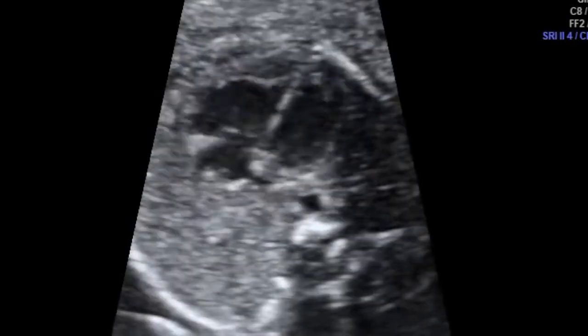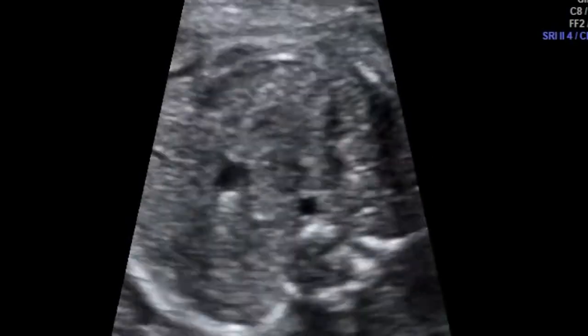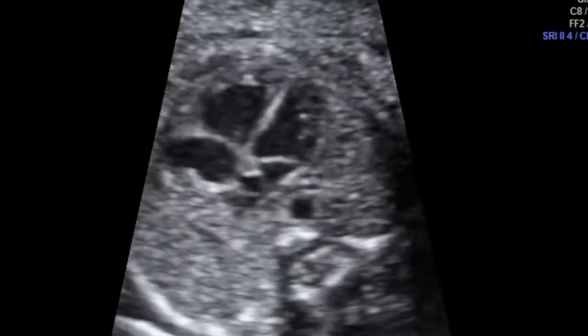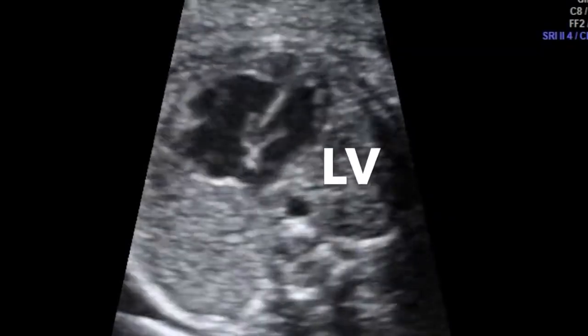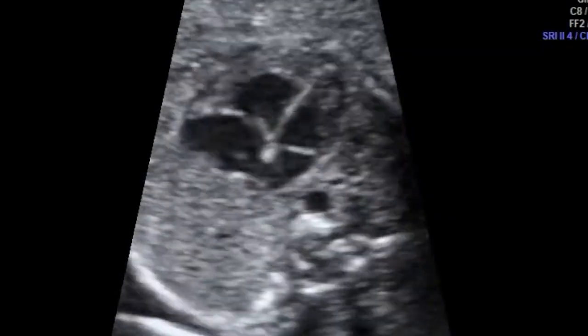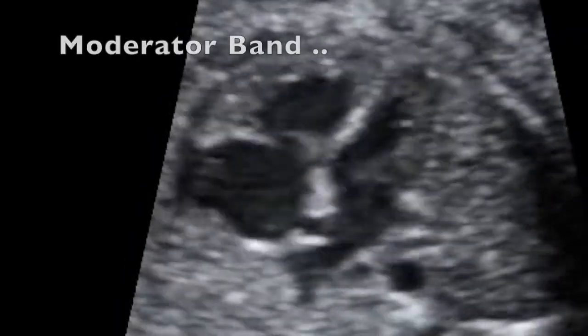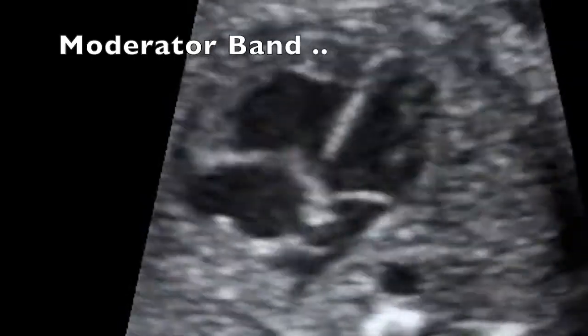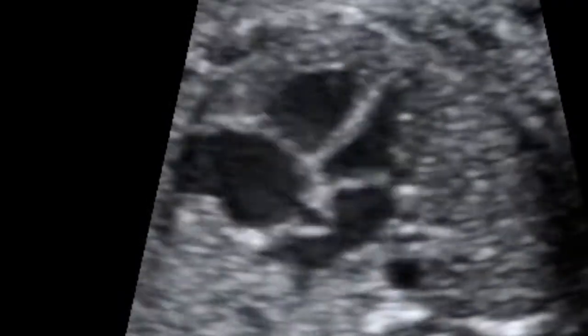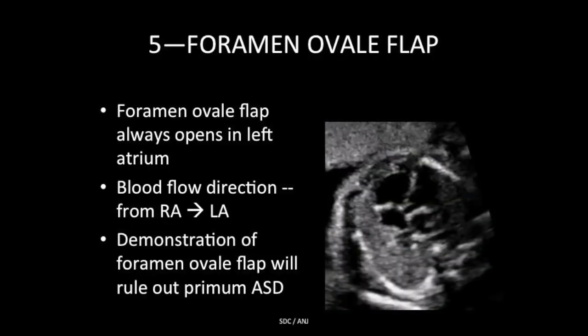And then since you know that this is the left atrium, you should see to it that this is the left ventricle. How do you know that? It is because this is an empty apex and this is more full. If you see this moderator band here, then you know that this is the right ventricle, and this is the left ventricle, where the apex is relatively empty, and the right ventricle where it is relatively full. It is filled with the moderator band. So this is the characterization of the ventricles.